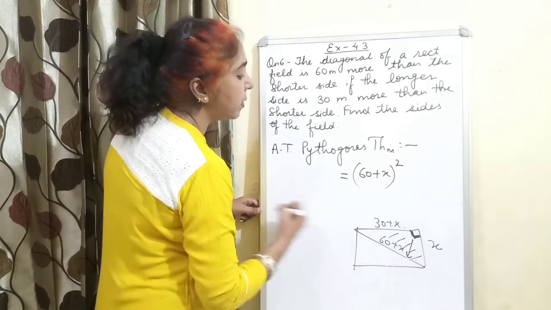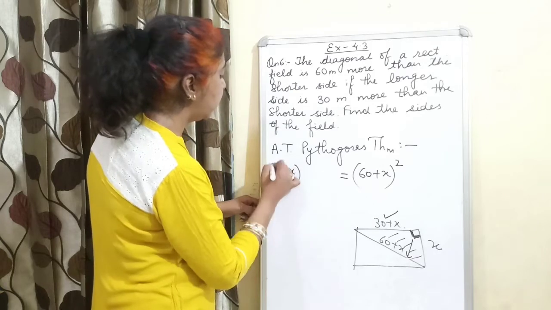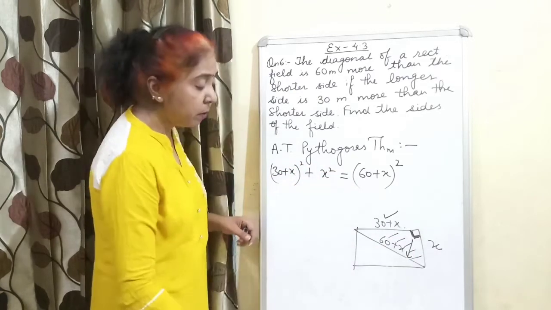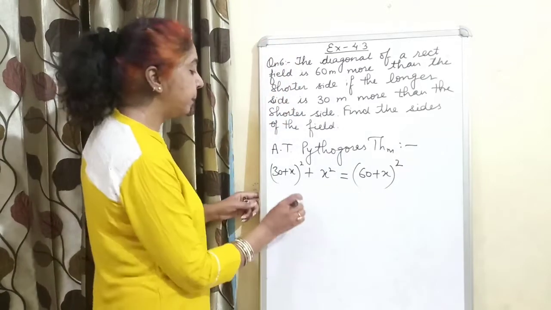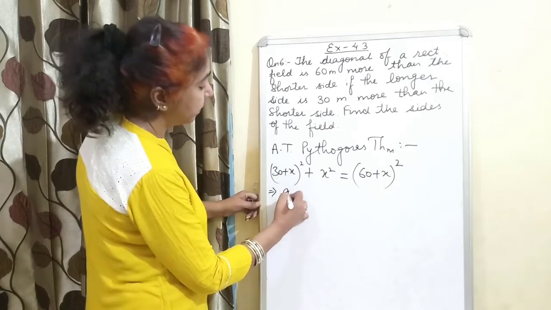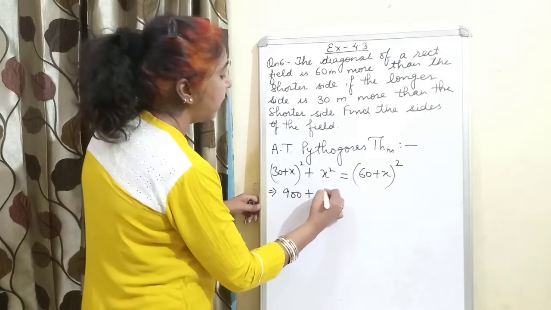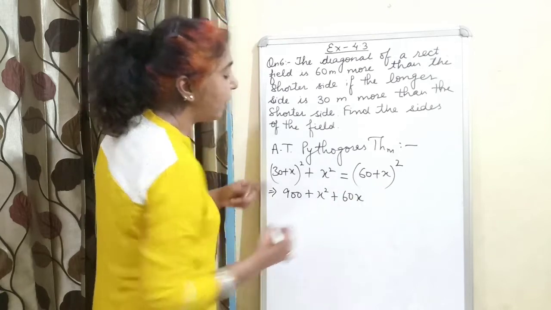Hypotenuse square is equal to 30 plus x square plus x square. So this is the Pythagoras theorem. Now open up all the brackets. What do we get? 30 square means 900, plus x square, plus 2ab, so it should be 60x.